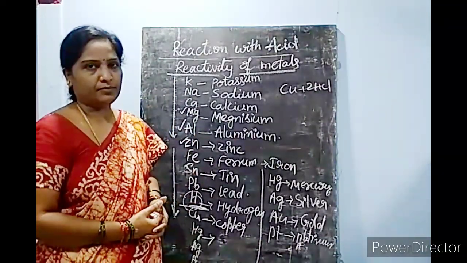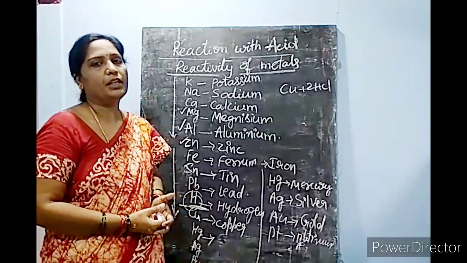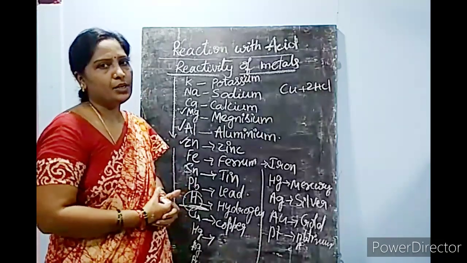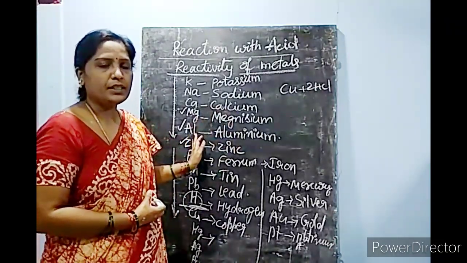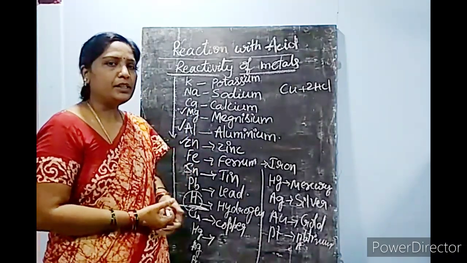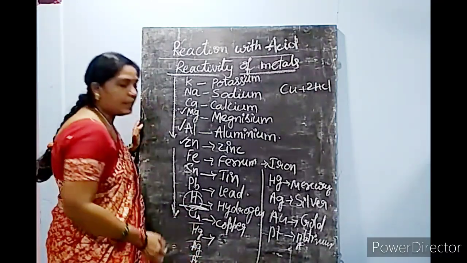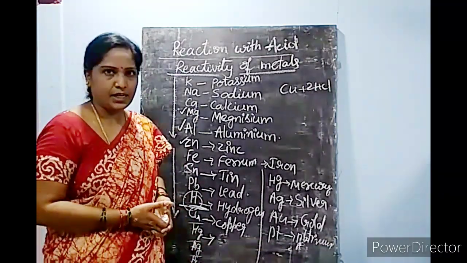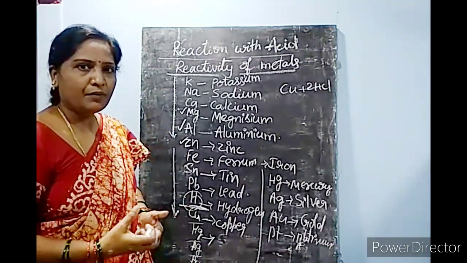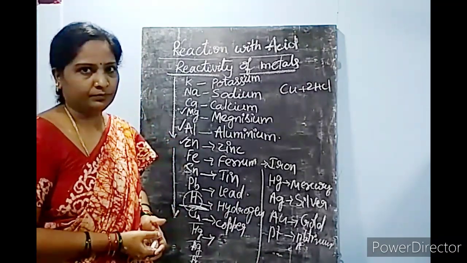Even with water. When we discussed how metals react with water, there also they react very quickly because they are more reactive than hydrogen. And the metals which are below hydrogen in this table cannot react so quickly with water or with any acids which have hydrogen in them.